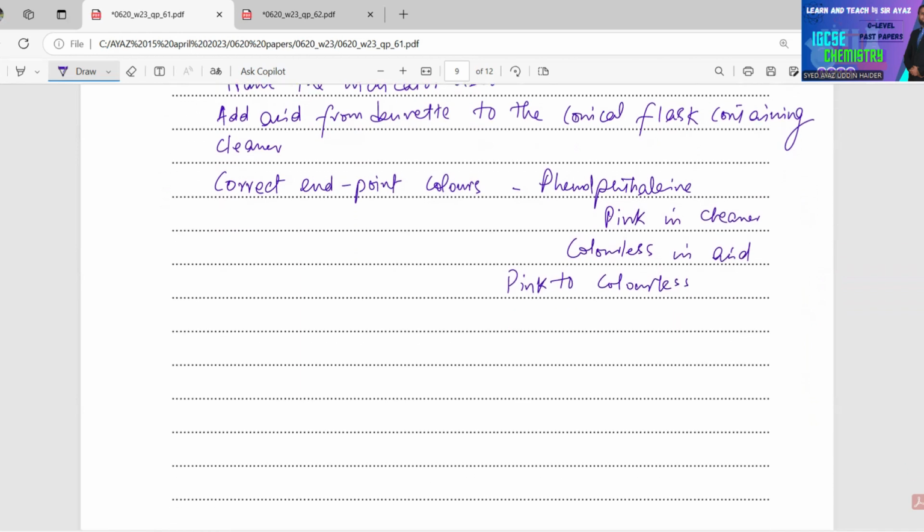Record or measure start and final readings. Record the readings, initial and final.